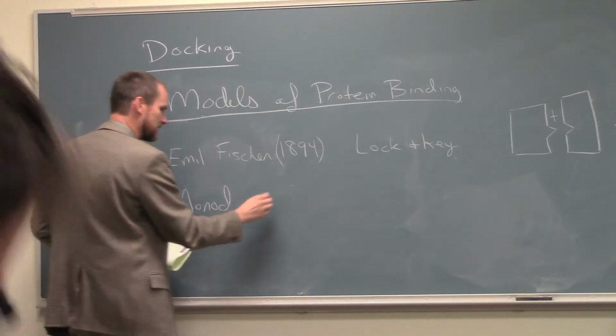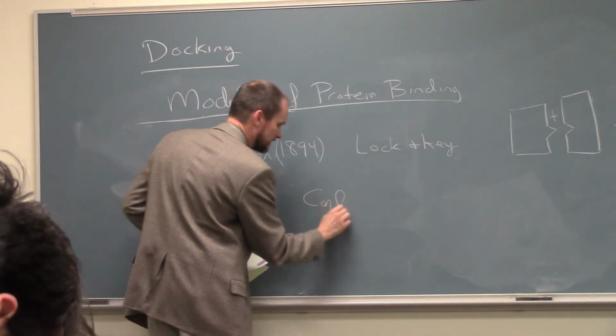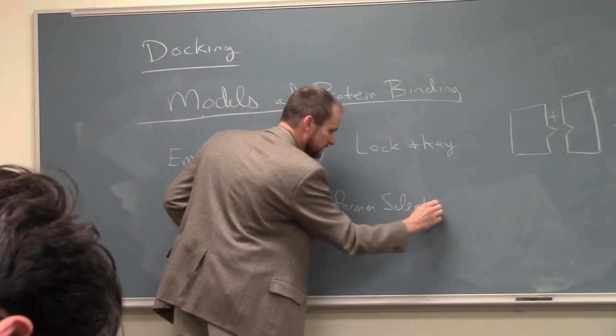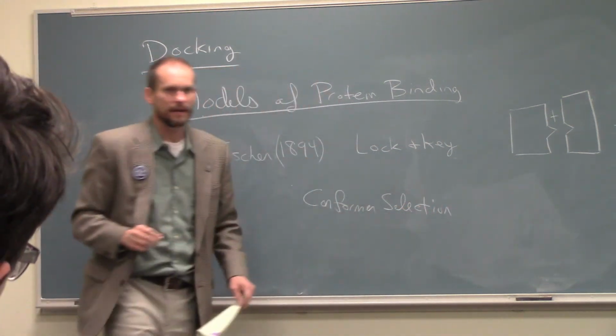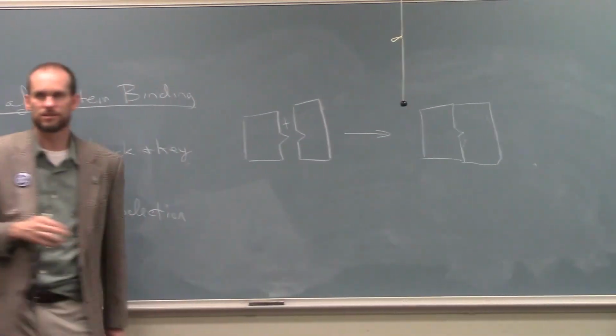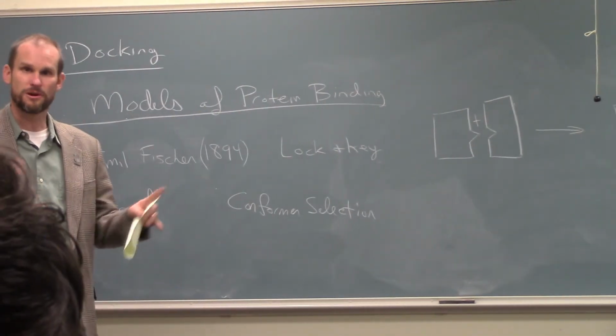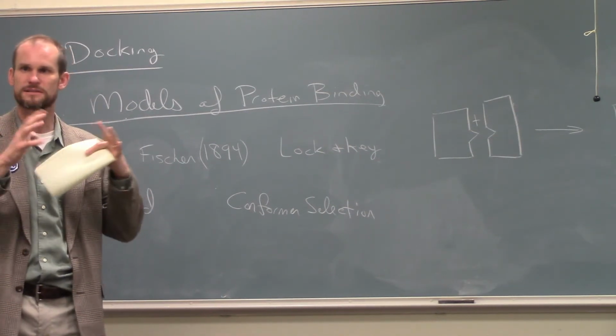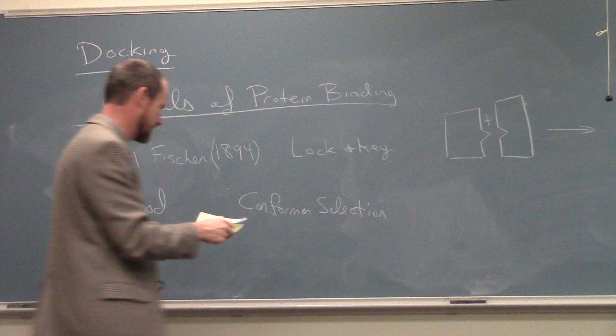The second model, it's actually the third, but historically, is Monod's model, which is called conformer selection. And the idea is that a protein is not just a rigid block, but we know now that it's a fluid polymer that's in water and it's moving, it's flexible, it's moving all the time.